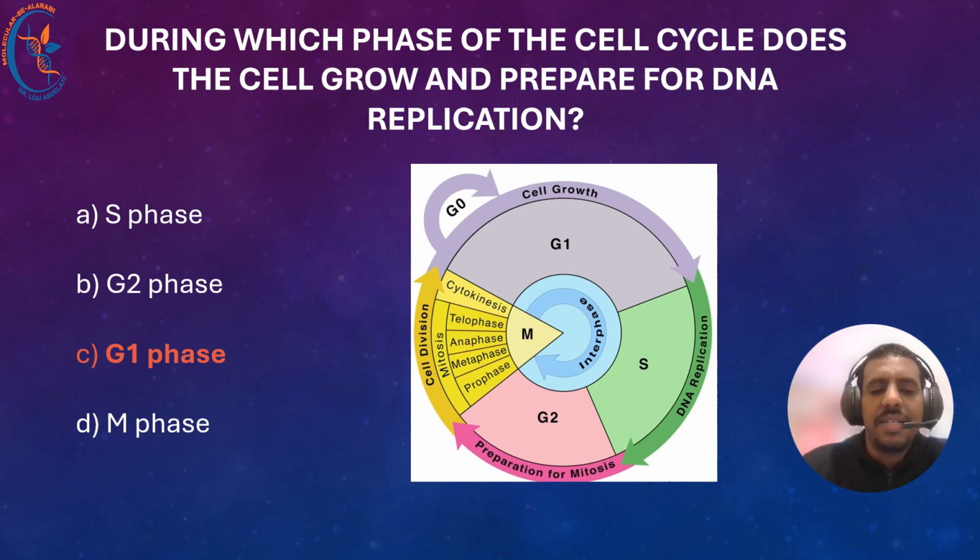The correct answer is G1 phase. G1 phase or gap 1 is the phase where the cell grows, synthesizes RNA and proteins, and prepares for DNA replication. All right. So let's move to the next question.